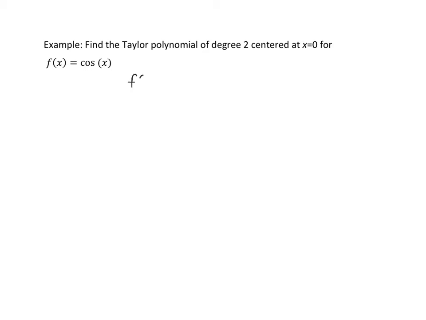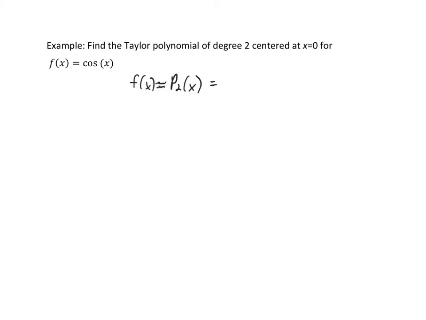So f of x is approximately p sub 2 of x, it's not the exact thing, which equals f of 0 plus f prime of 0 times x plus f double prime of 0 over 2 factorial times x squared. What I really need to find are the coefficients that go on x and x squared.